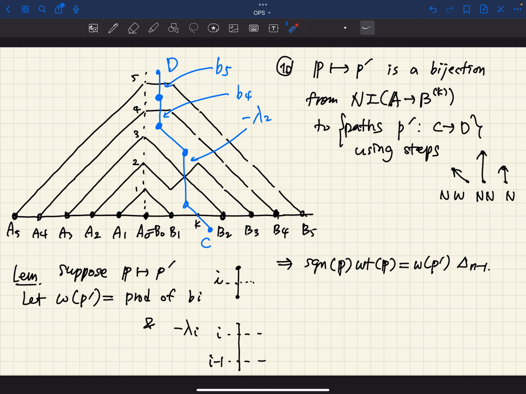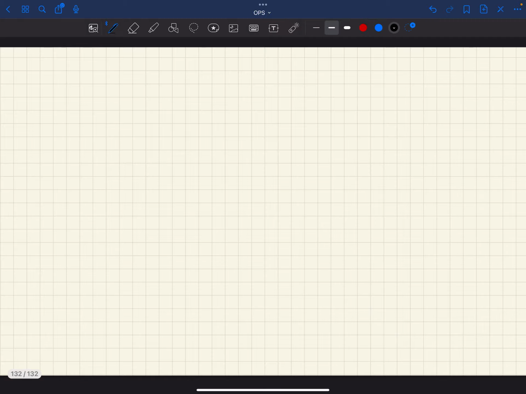Is that okay? So our next thing is to look at this path. This may be familiar to you. This is something that we did before, only in a different form. It's just like Favard tiling with a slight variation of the weight. So another lemma.